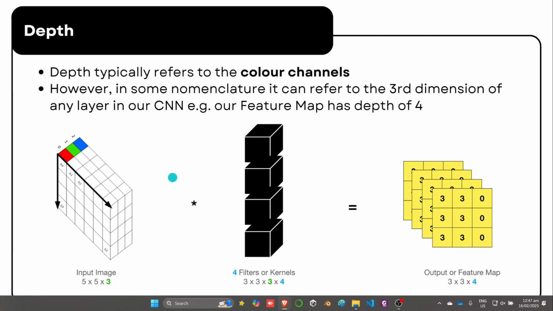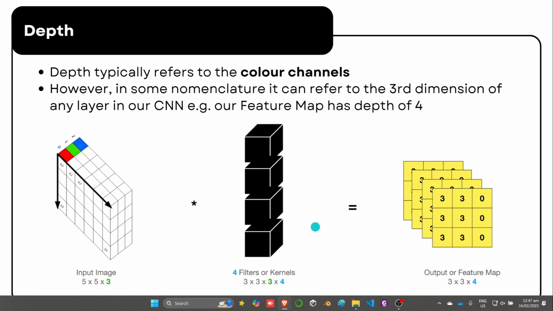Depth can also refer to how many kernels or filters you are using, which technically is wrong because it's actually 4 dimensions instead of 2 dimensions.